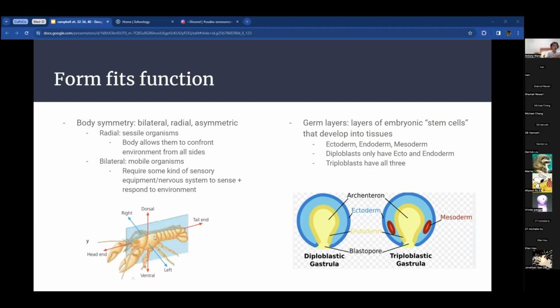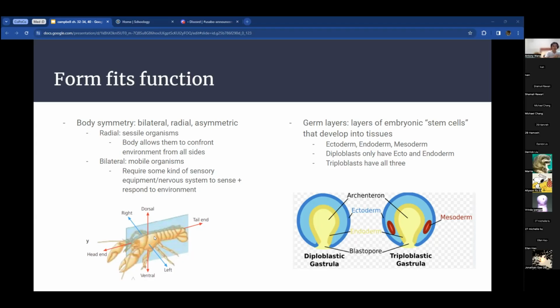This is when the nervous system of an animal gets clustered, the nervous system and sensory organs get clustered on one end of the body.